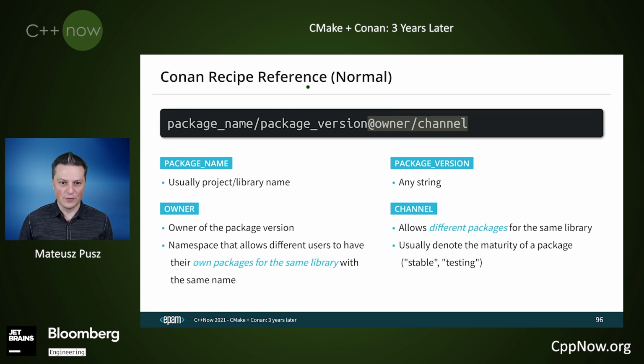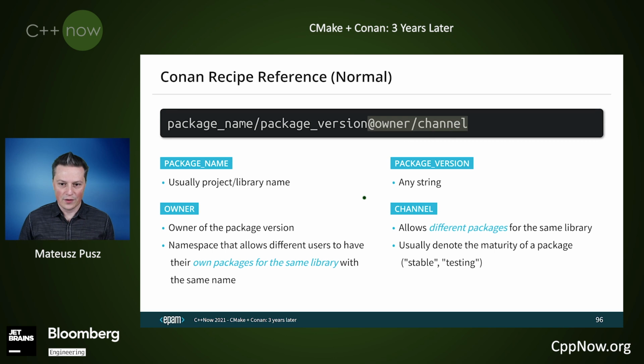And the postfix is a part of the normal reference, where you can specify an owner and a channel. As I said, those can be omitted for Conan Center packages, but for your own you should provide them. The owner basically specifies who owns the package version, who is maintaining it, and it allows different users to publish the same package with some custom modifications. You can provide some patches or modifications to, for example, boost and distribute them under your own owner.